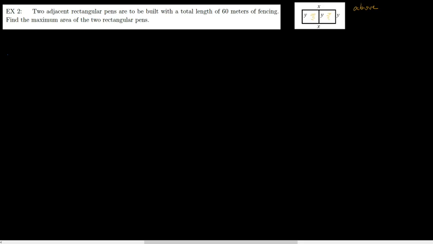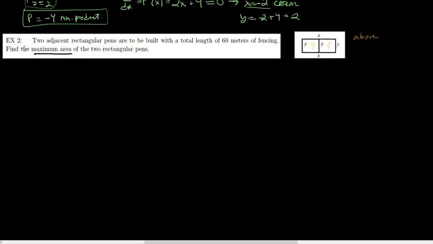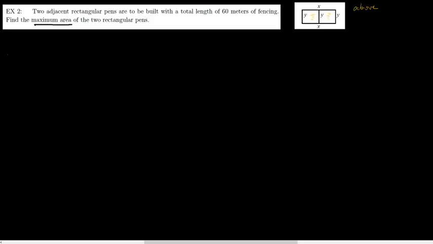We want to find the maximum area of the two rectangular pens. Right, so we want to maximize the area. So let's write down the area, although I'll use the letter A for area here.